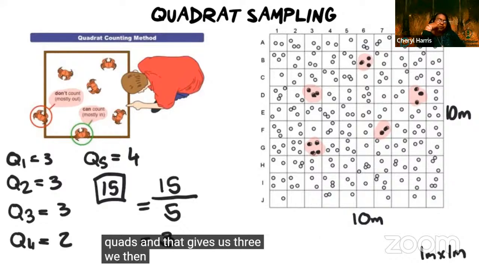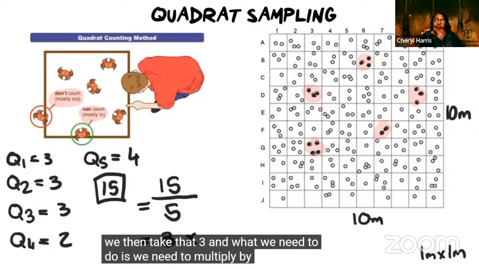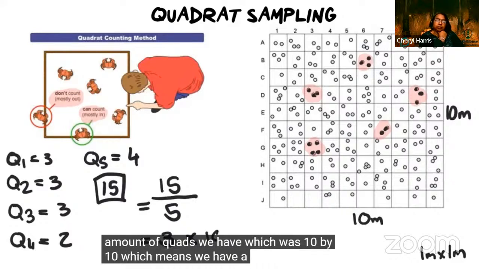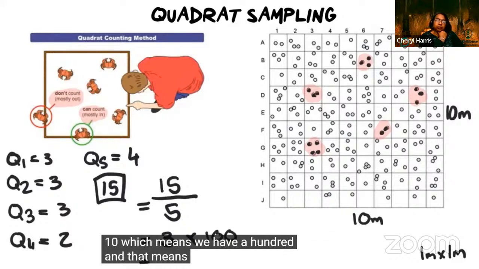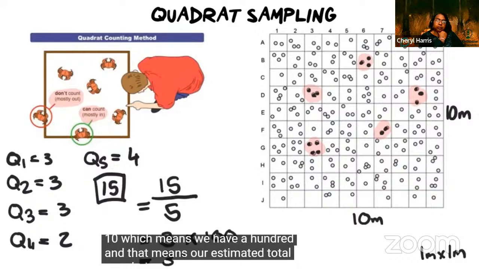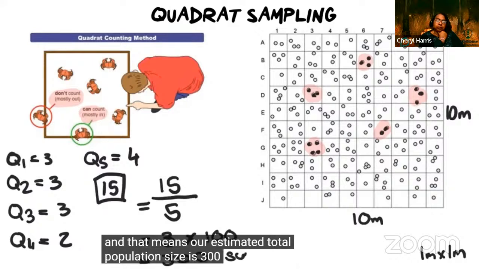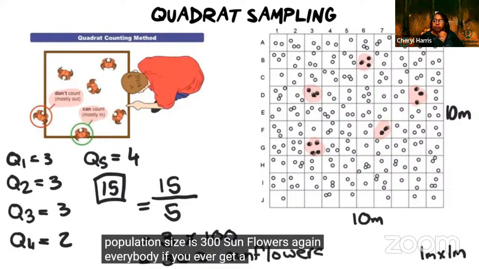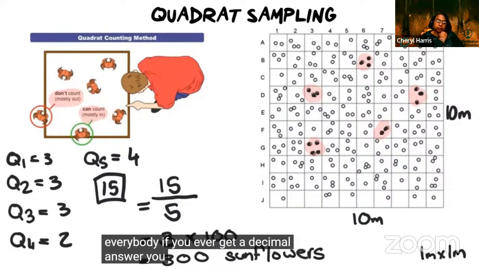We then multiply that 3 by the total amount of quads we have, which was 10 by 10, which means we have 100. That means our estimated total population size is 300 sunflowers. Again, everybody, if you ever get a decimal answer, you always round down.